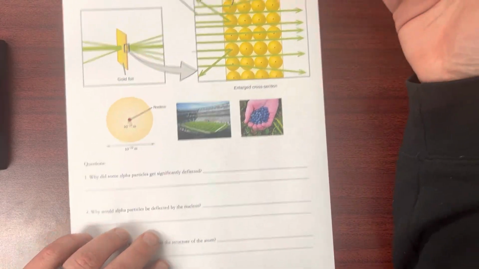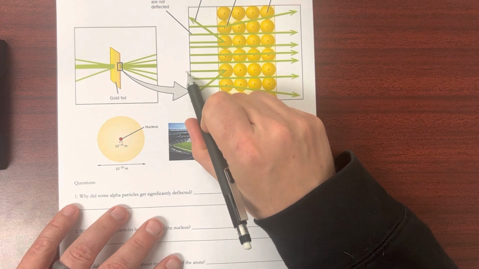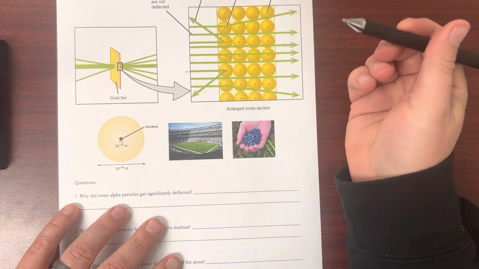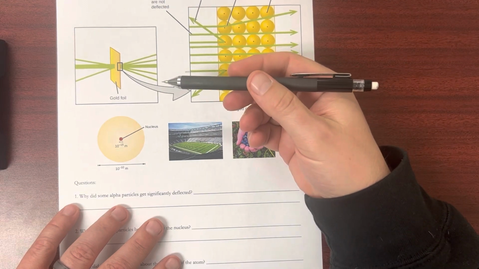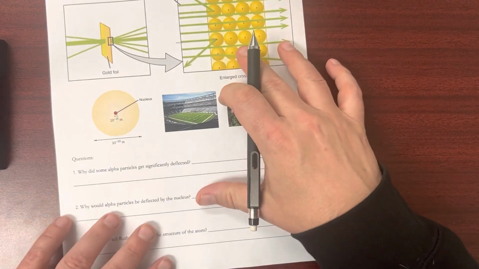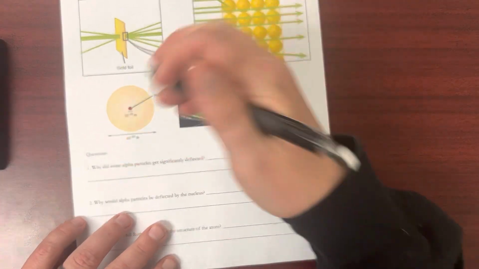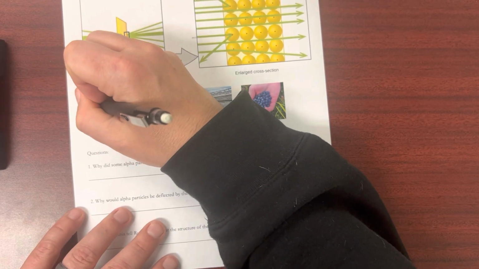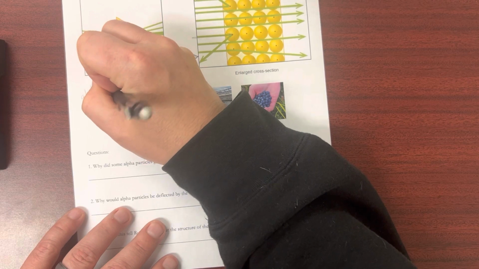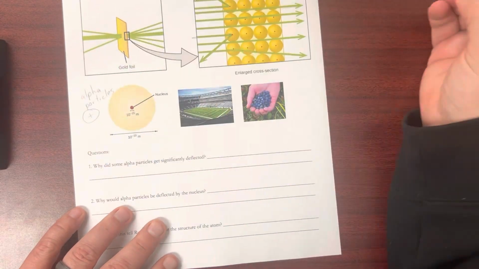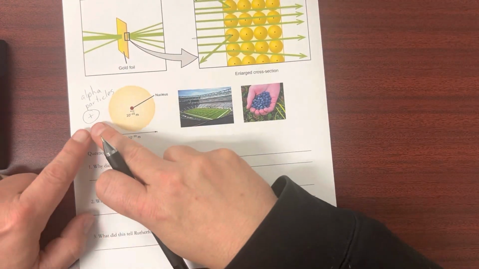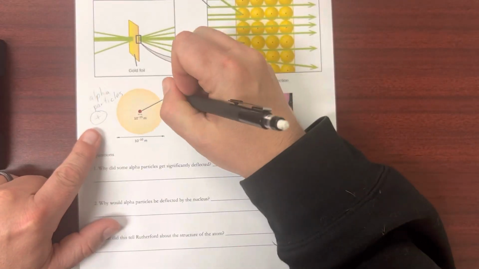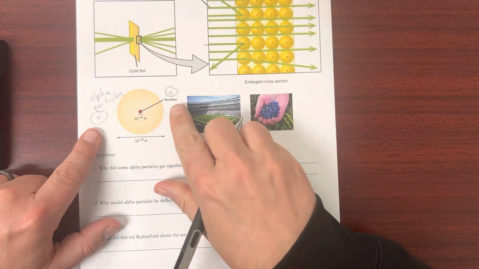But the question is, when the alpha particle hit the nucleus, why did it bounce back so significantly? The reason is, remember that the alpha particles have a positive charge to them, right? And what we understand now is that the nucleus also has a positive charge to it.